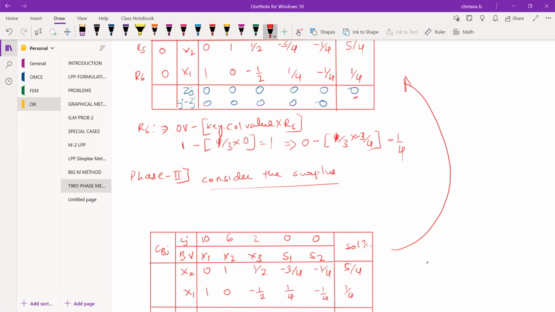Whatever values you see, you need to transfer here, but not the basic coefficients of x2 and x1. x1 is 10, x2 is 6.